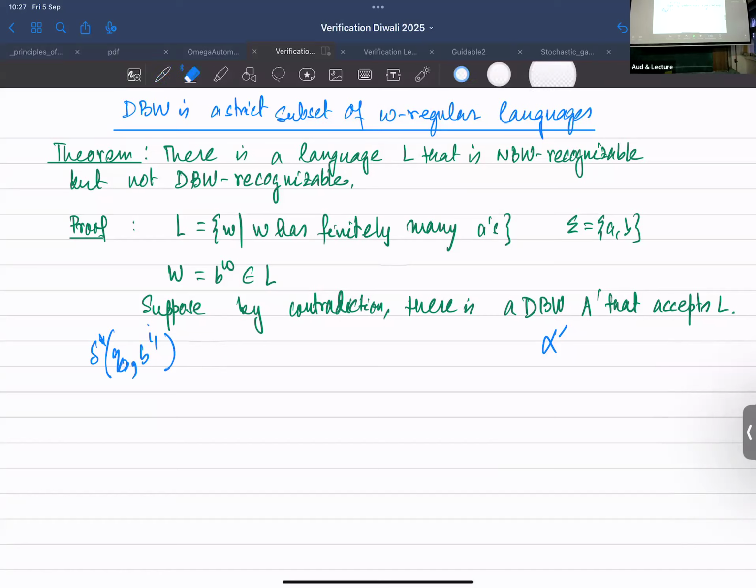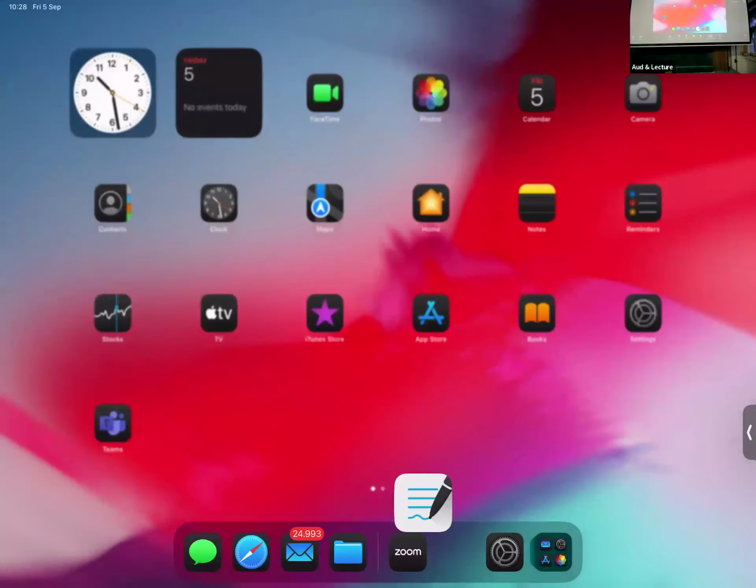It's a DBW, so it should be q belonging to α'. Is it clear? If I'm accepting the word B^ω, then of course it should visit α', the set of accepting states, infinitely often. That means there should exist some i1, so that after reading i1 many B's, I can reach a good state in α'. Clear? So now you consider the word, sorry.